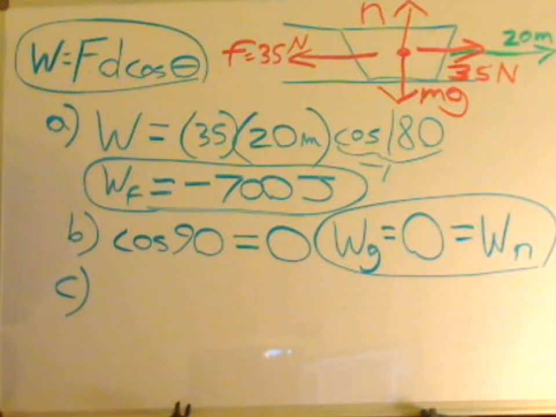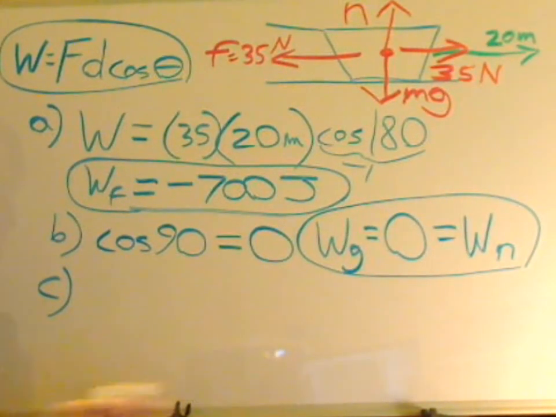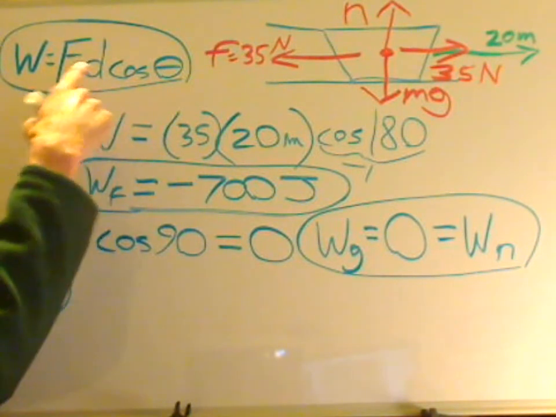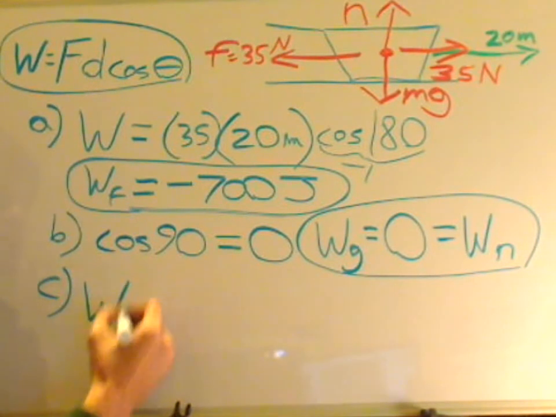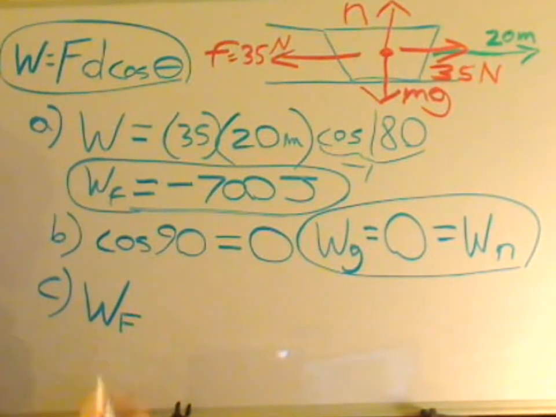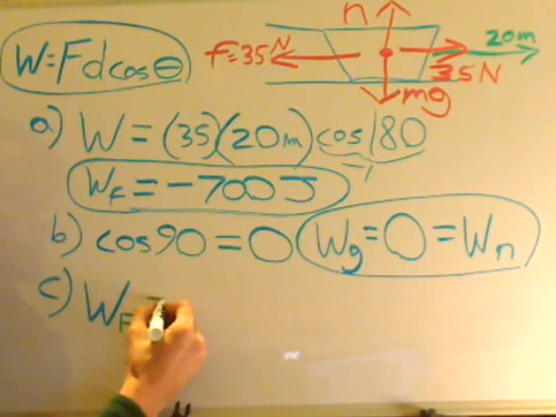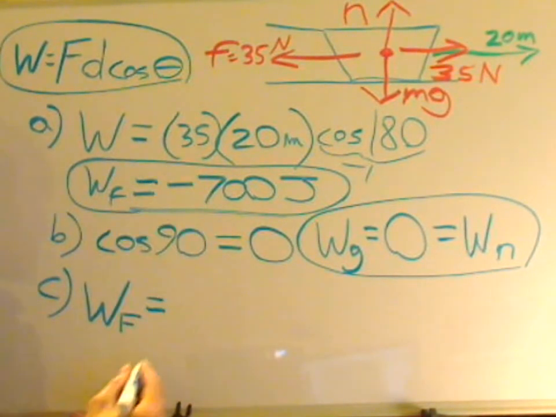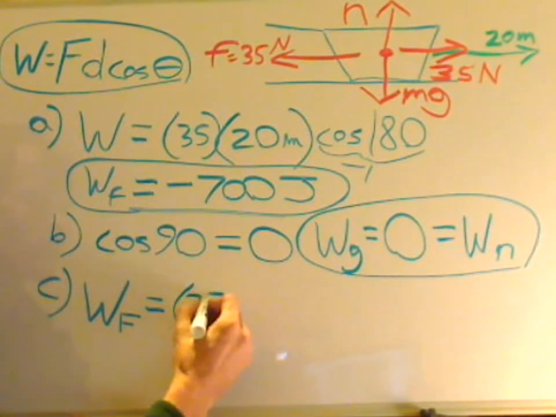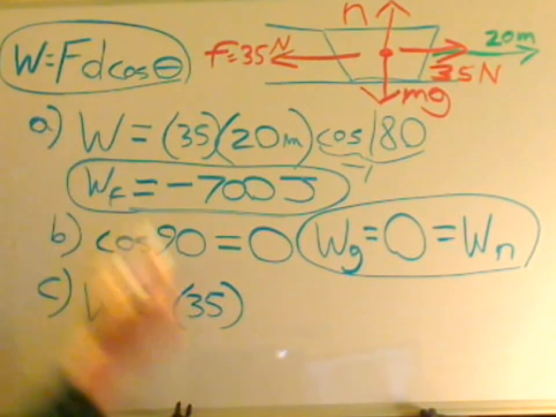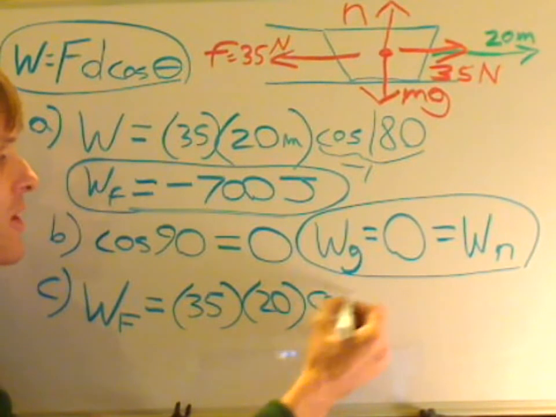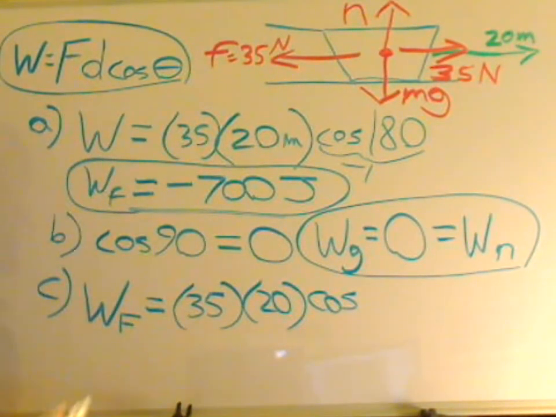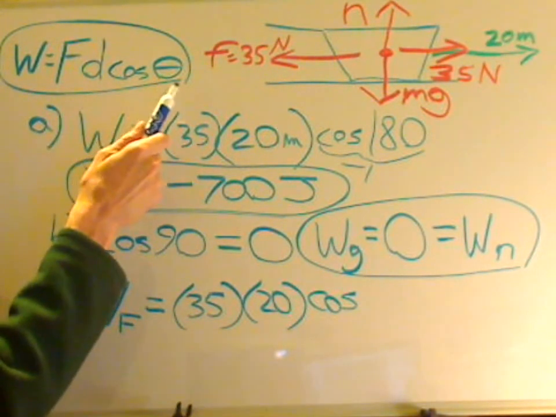So now if we want to actually calculate the work in that situation, let's slide this over a bit here. The work is force times displacement times the cosine of the angle. So the work done by the shopper's force is 35 newtons, that's the force. The displacement is 20 meters. And it's times the cosine of the angle between the force and the displacement.